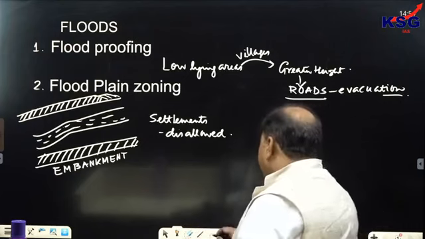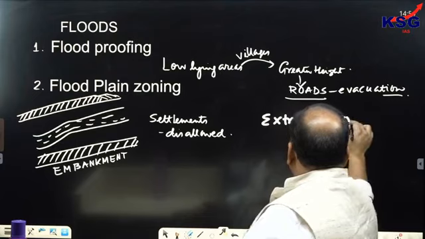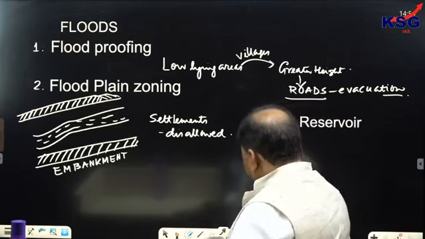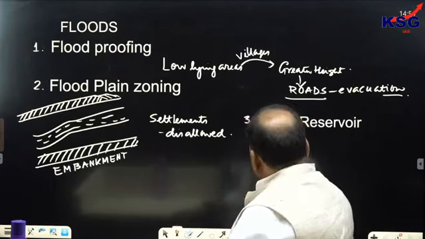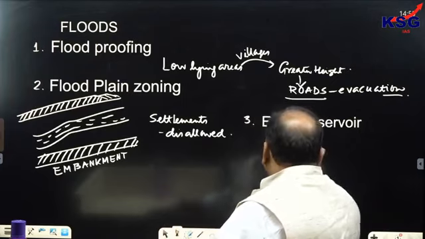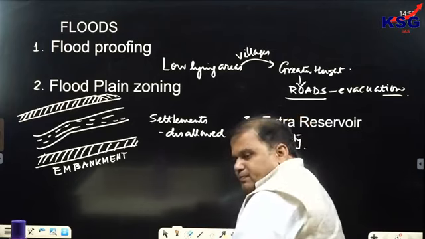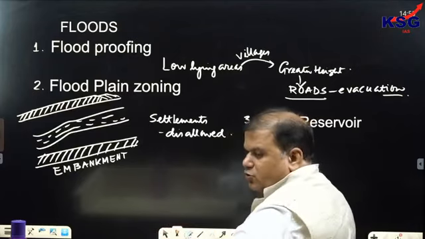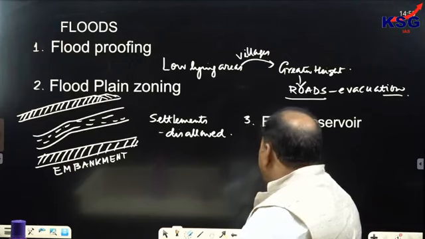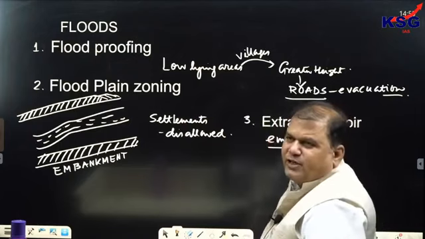Write down, an extra reservoir can be constructed near the dams and should be kept empty, to be utilized when excessive rainfall occurs. And we can also use two parallel canals.